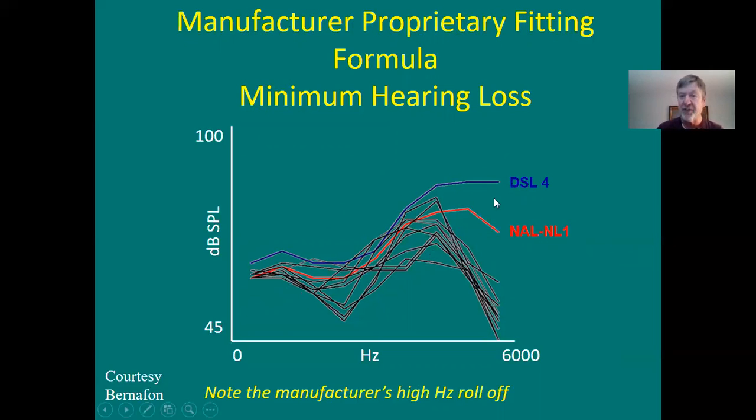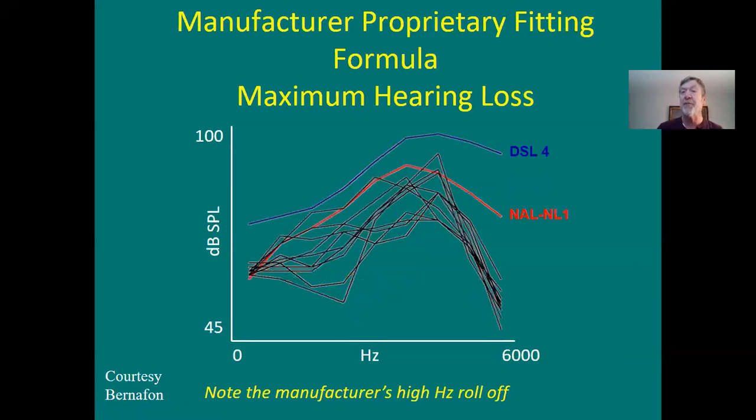Look at how much. That's for the minimum loss. Now look at the maximum loss. Again, the proprietary fitting methods knock off the highs. We're not looking at the input levels here, 55, 65, 75. This is all for 65, average inputs. Basically, there's a huge roll-off in the highs.